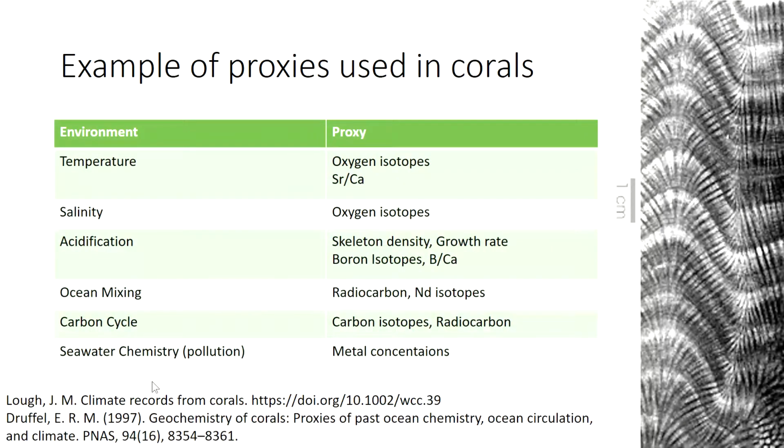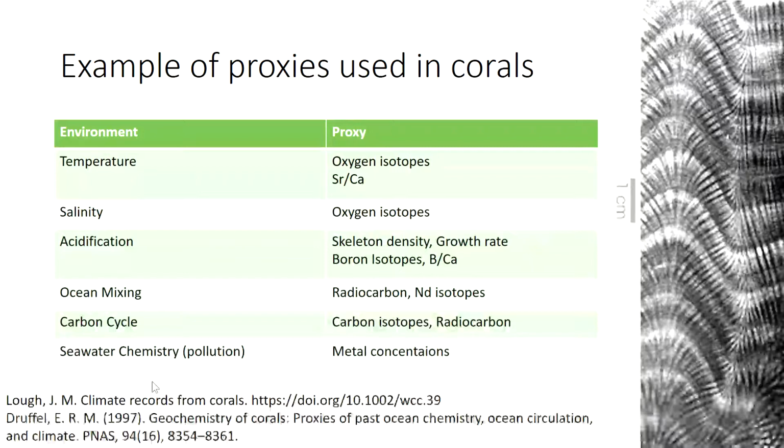So just to give some examples, and we'll go through these in separate videos into how these work and some examples that are being used. For example, we could want to reconstruct the temperature in which a coral grew, and we might use the isotopic composition of oxygen preserved in its skeleton, or the proportion of strontium compared to calcium in the mineral structure.